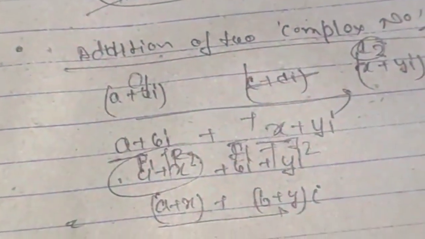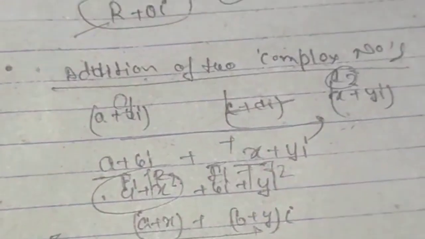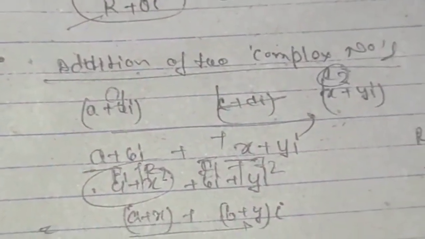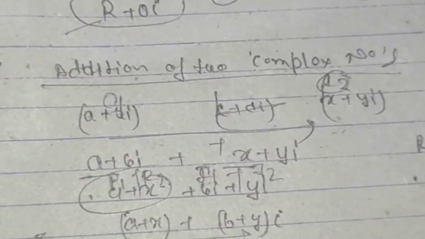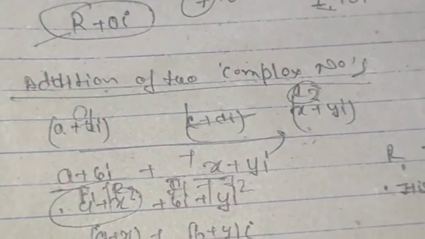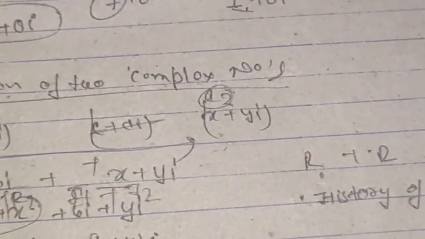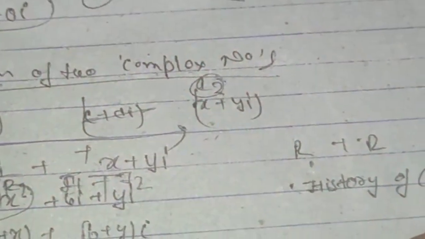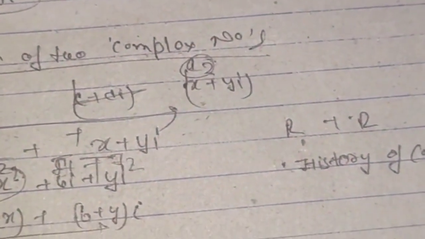Okay. Next video we talk about another number, and search about the history of complex numbers. Means, what is the basic idea of why we talk about complex numbers?